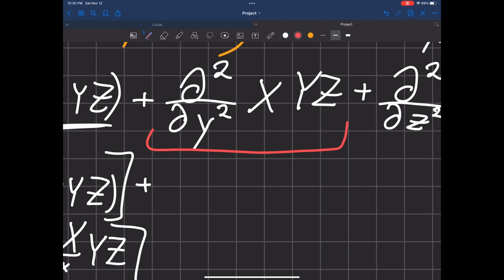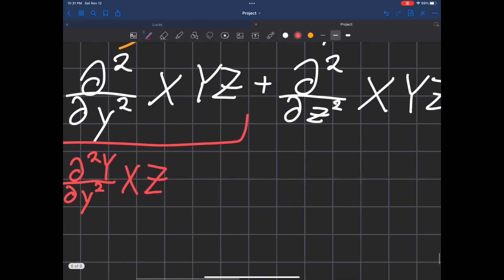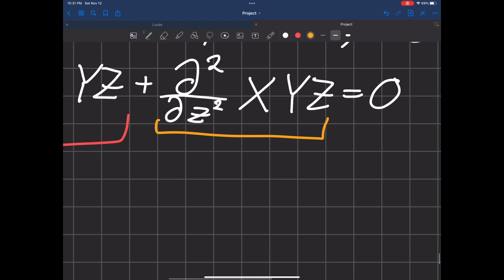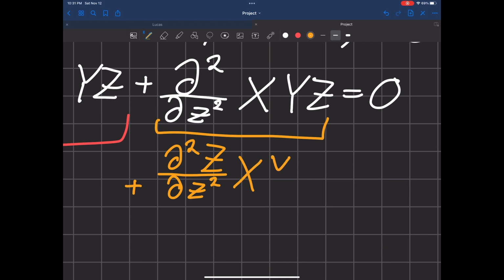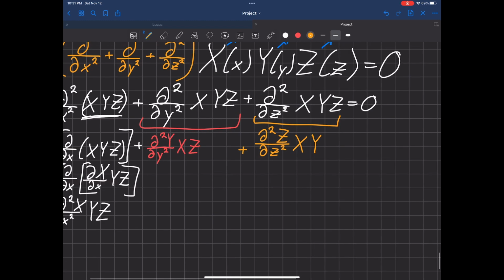So this whole thing is just going to be the second derivative with respect to y of our big Y times X times Z. Again, functions of Y, functions of Z, functions of X, not just little variables x, y, z. All right, let's do this one. We're going to have plus the second derivative of Z with respect to Z times our X function times our Y function. And then this whole thing equals 0.